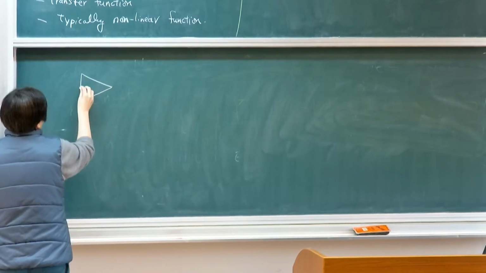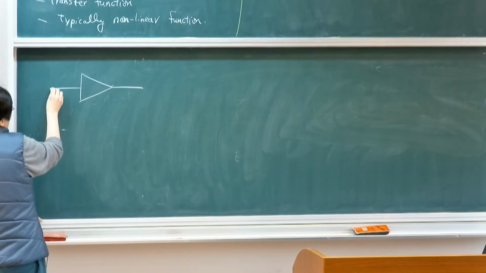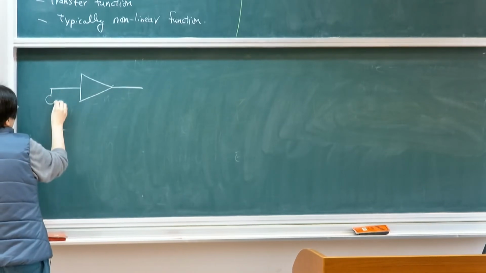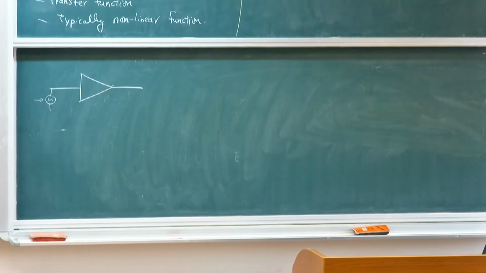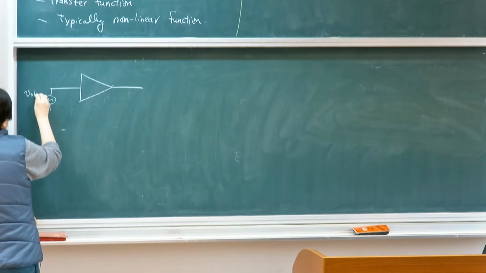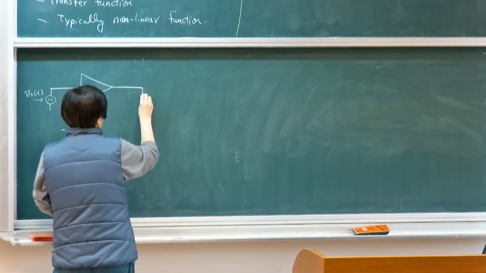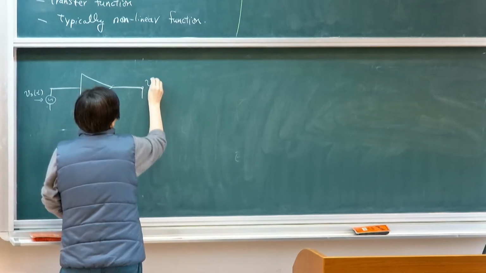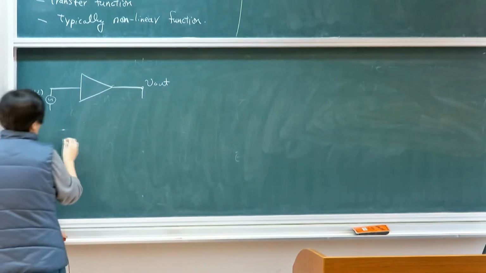So for an amplifier, this is my amplifier. If this is my input, it's typically a very, very small signal. The signal is typically AC, because, for example, my voice changes with time. So an AC signal is coming in, and what I expect is that whatever is delivered at the output should be large enough.